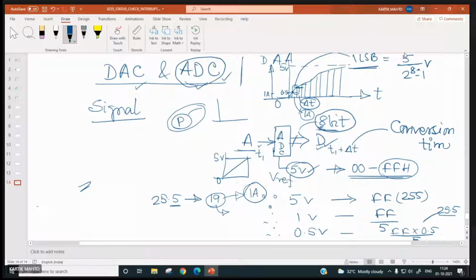But when you want to reproduce with your DAC, so I'm taking DAC here. In that DAC, what you have learned is that you give digital input and get analog output. So when you give it, do you know what kind of answer you are going to get? You will be getting your answer like this, in case of your analog.